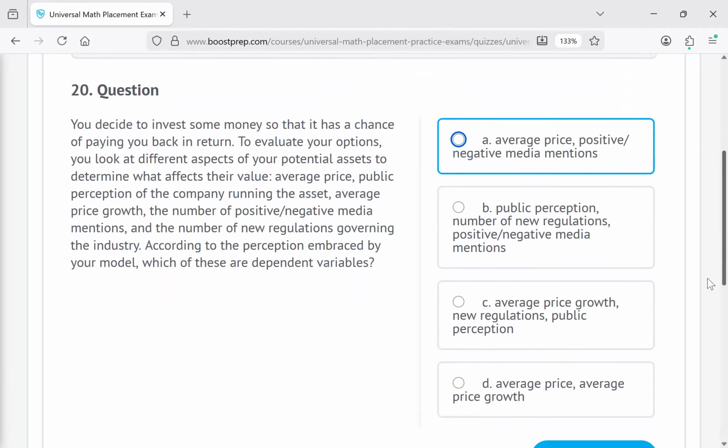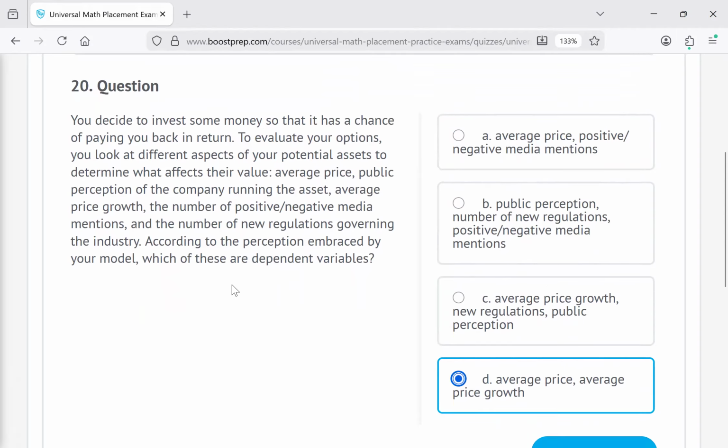So I'm gonna say D. So D would be a dependent, meaning it relies on the X value. So dependent is like a Y value. So the best Y value I could think of on this problem would be the average price and average price growth, right? Yes, letter D.